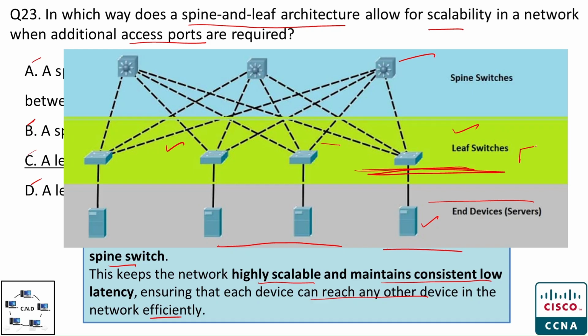What we will do is add another leaf switch and connect it to all the spine switches. So now we have access ports available and we can connect other servers to this leaf switch. So this is how this works.